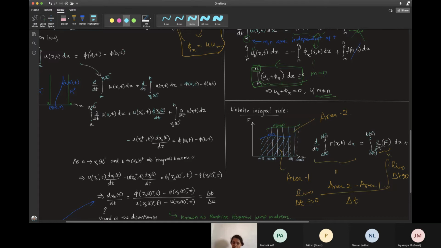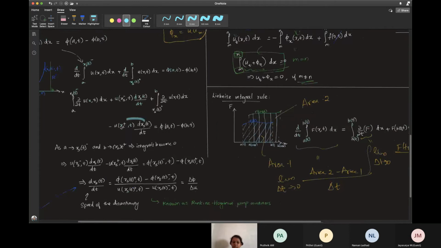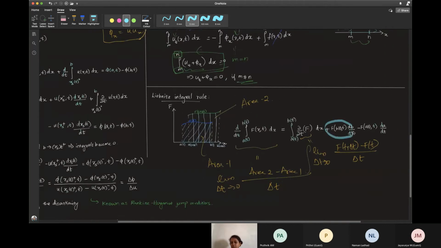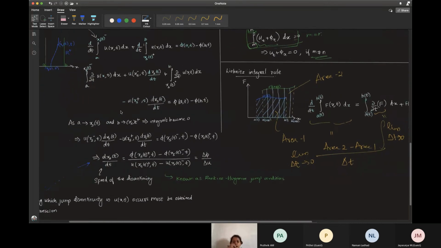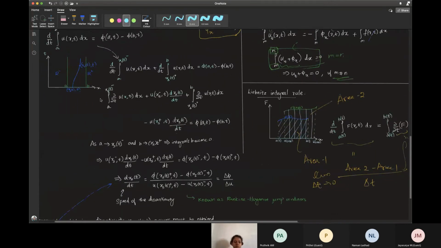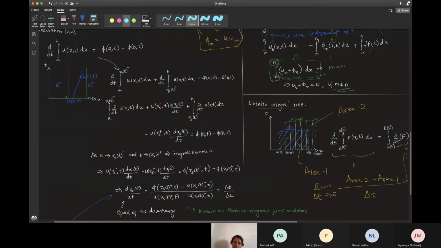So we have a minus sign over here. Here for the second term, this is 0, which is dB by dt is 0. So now that you have got this expression, you move this control volume towards the discontinuity.